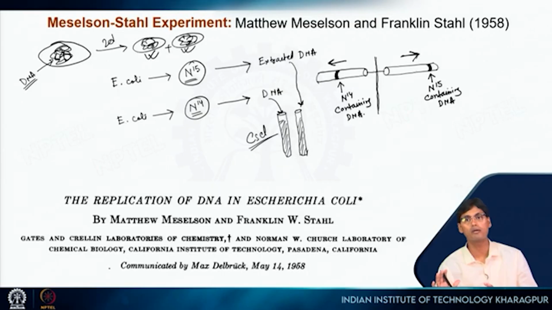So this is the basis of their experiment, so that they can distinguish between the two types of DNA strand, the N14 containing DNA strand and the N15 containing DNA strand. Let's come to their experiment and discuss that.